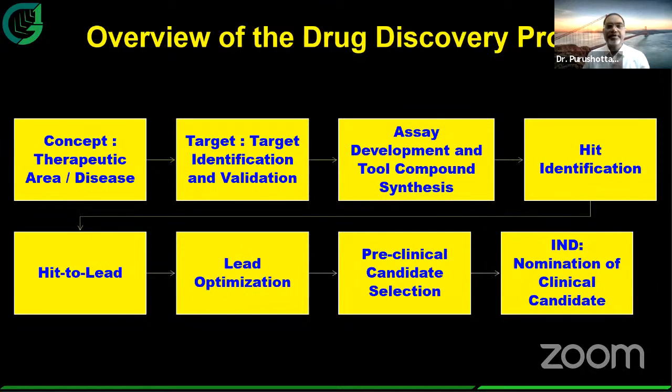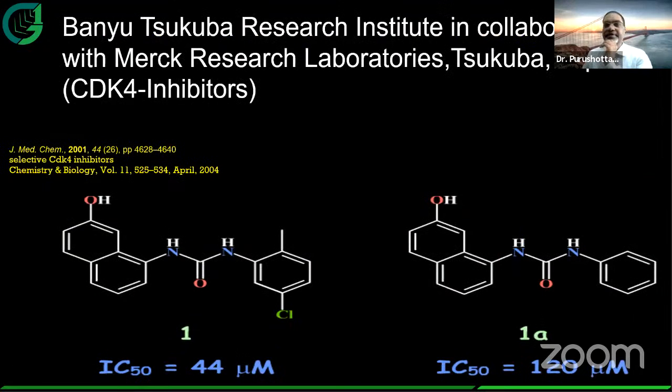Here I'm going to share the story of the CDK4 inhibitors. You will see how smaller structural modifications matter, and how important it is to understand the structure and activity and the structural changes in the molecule.